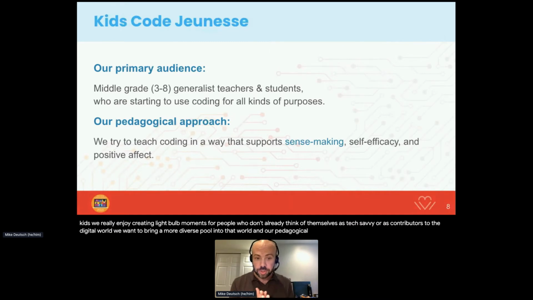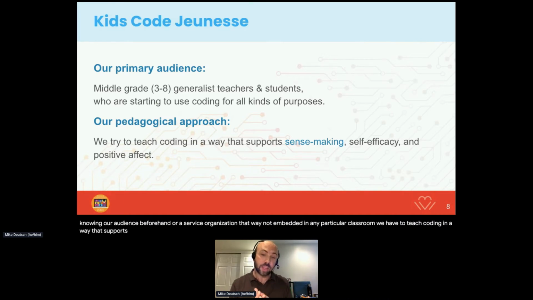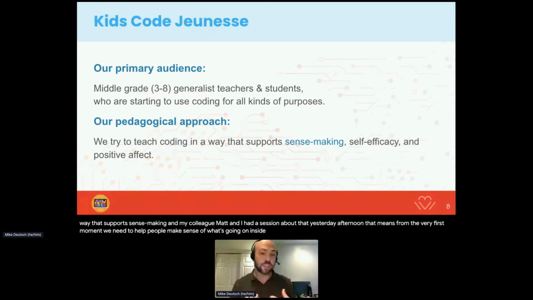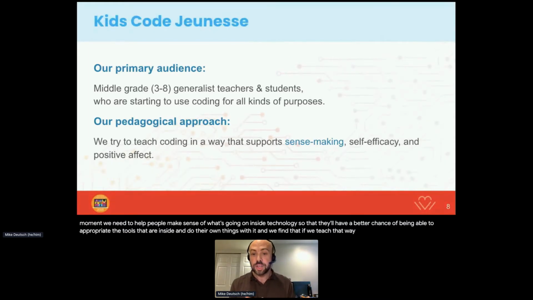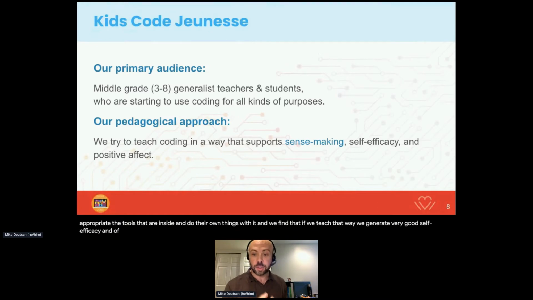Our pedagogical approach, largely because we often show up without knowing our audience beforehand, as a service organization not embedded in any particular classroom, is to teach coding in a way that supports sense making. My colleague Matt and I had a session about that yesterday afternoon. That means from the very first moment, we need to help people make sense of what's going on inside technology. They'll have a better chance of being able to appropriate the tools that are inside and do their own things with it. And we find that if we teach that way, we generate very good self-efficacy and, of course, positive affect.